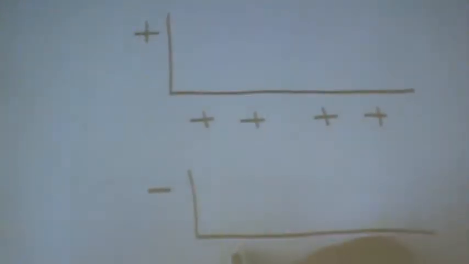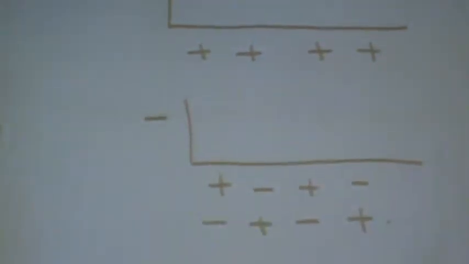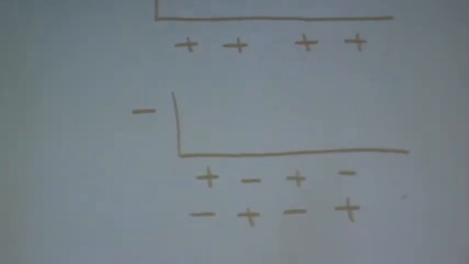If you test a negative number and you get alternating signs at the bottom, that tells you it's a lower bound. So a negative number can't be an upper bound. It'll be neither if you don't have that situation.